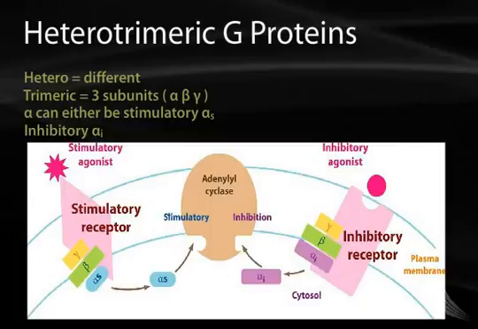Alternatively, there are other receptors bound to other kinds of G proteins that will activate their G protein and release an alpha subunit, but this alpha subunit, instead of activating adenylyl cyclase, will inhibit it. These G proteins are known as inhibitory G proteins, or G sub I standing for inhibitory, and the only difference between these G proteins and the stimulatory G proteins is in their alpha subunit.